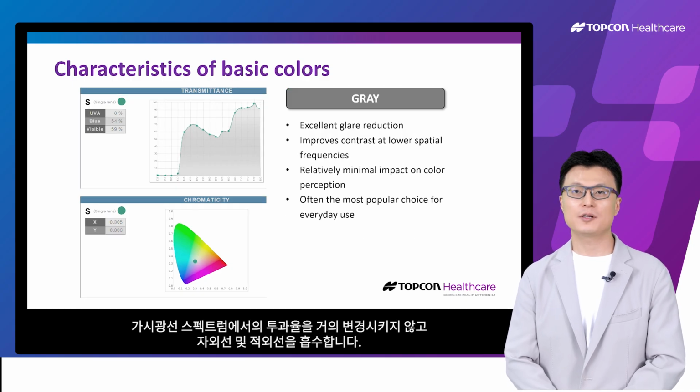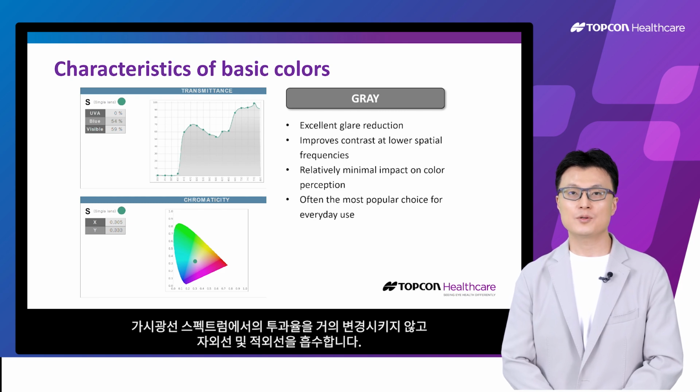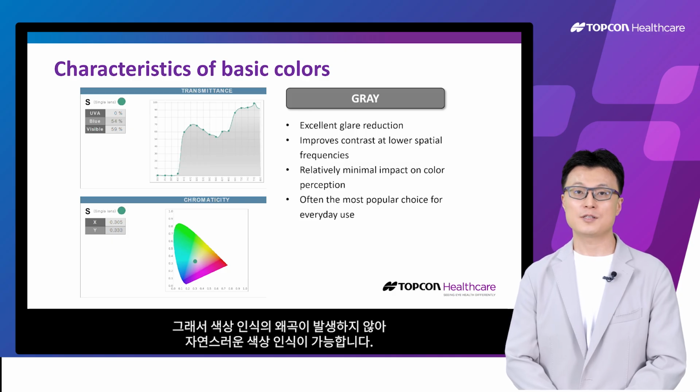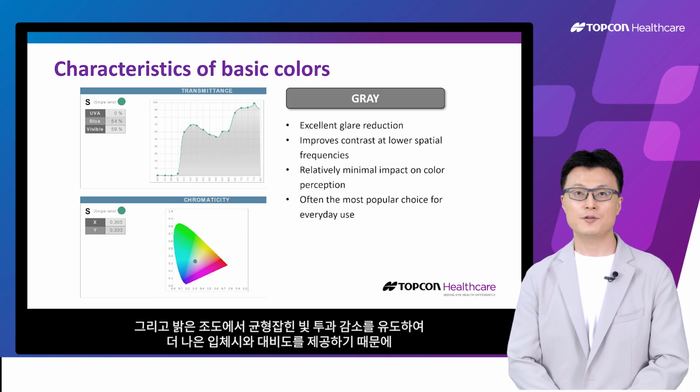Gray lenses generally don't alter transmittance in the visual spectrum, but they do absorb both UV and infrared light. As a result, there's no color distortion, allowing for a natural perception of colors. They evenly reduce light transmission in bright conditions.